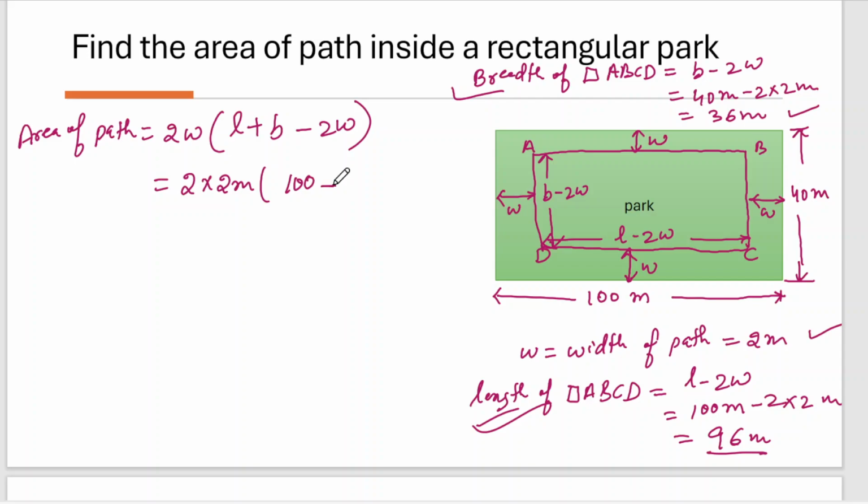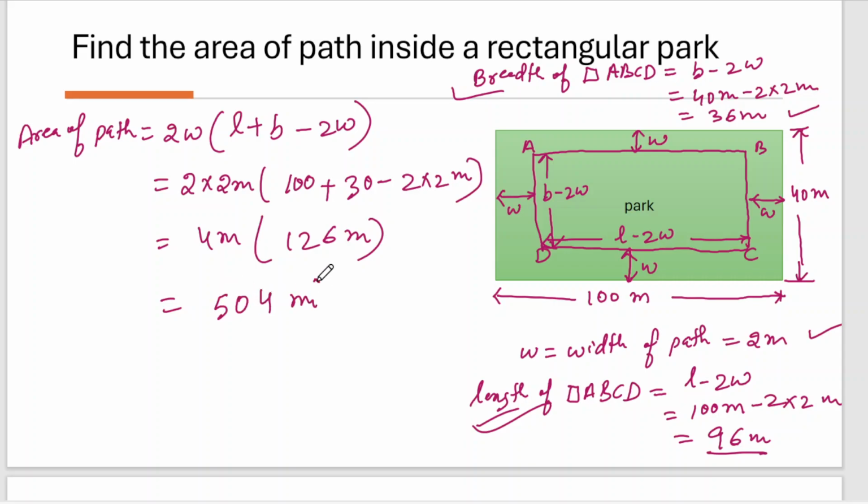But if you know the formula, you just need the length of park and breadth of the park, and nothing else. And 2 into width is given as 2 meter. So everything you can calculate. This is 4 meter, and then 130 minus 4, that is 126 meter. So you will calculate this. 504 meter square is the area of this path inside. Okay.